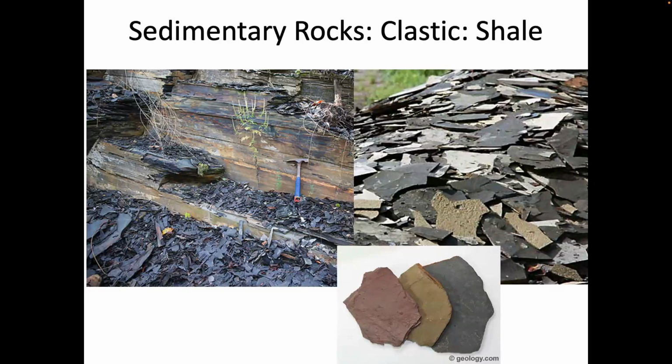If you were to smack it with a hammer, or break it with your hand, it just cracks and falls apart. There's also a term we use called fissile, spelled F-I-S-S-I-L-E, and it basically means it can be cleaved such that you can open it up into very thin sheets, right? It's a fissile material. You can see that by how it breaks apart into those flattened sheets.